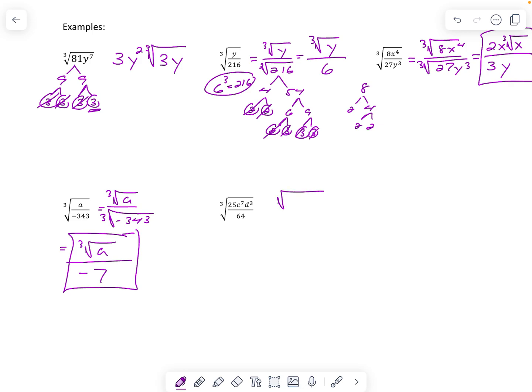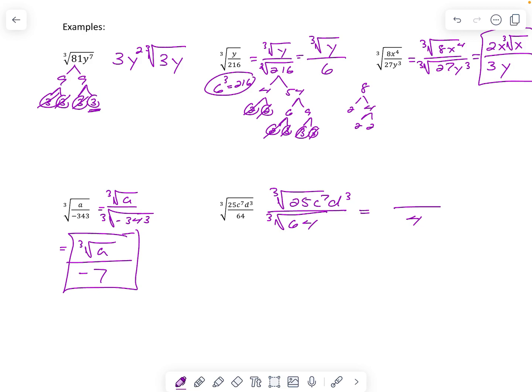Last one here, cube root of 25c to the 7th d to the 3rd over the cube root of 64. Now 64 is another one you're going to get to know. That is 4 times 4 times 4. So that's going to be 4 in our denominator. In the top, 25 is 5 times 5. That is not a triple.